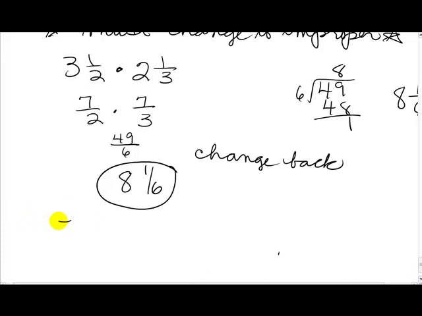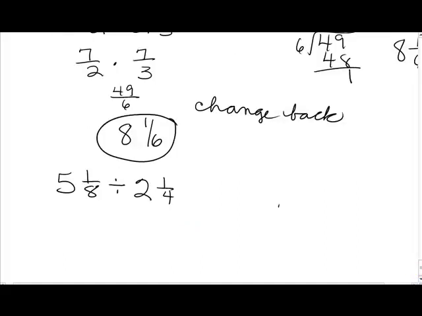Division. Let's look at this. Change it. 41 over 8 divided by 8, 9 over 4. Keep. Change.